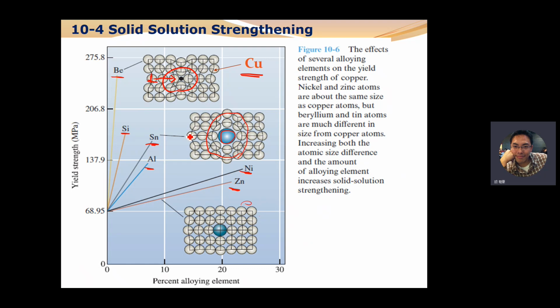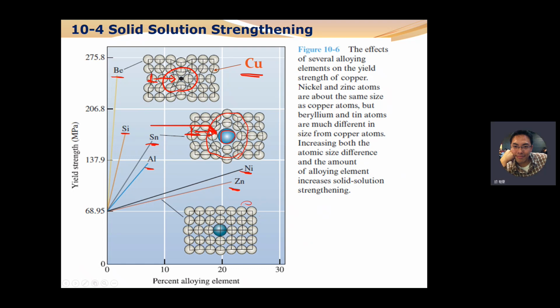The same, if this dislocation moves, it will feel it's hard to keep moving because the direction of the road changes. Can you imagine that? When this dislocation hits this lattice distortion, it needs higher energy to keep moving forward.